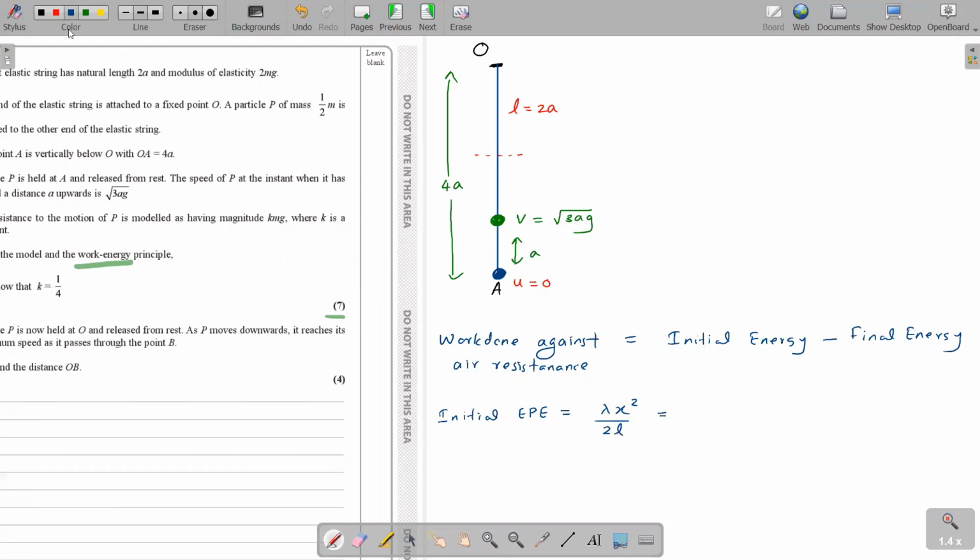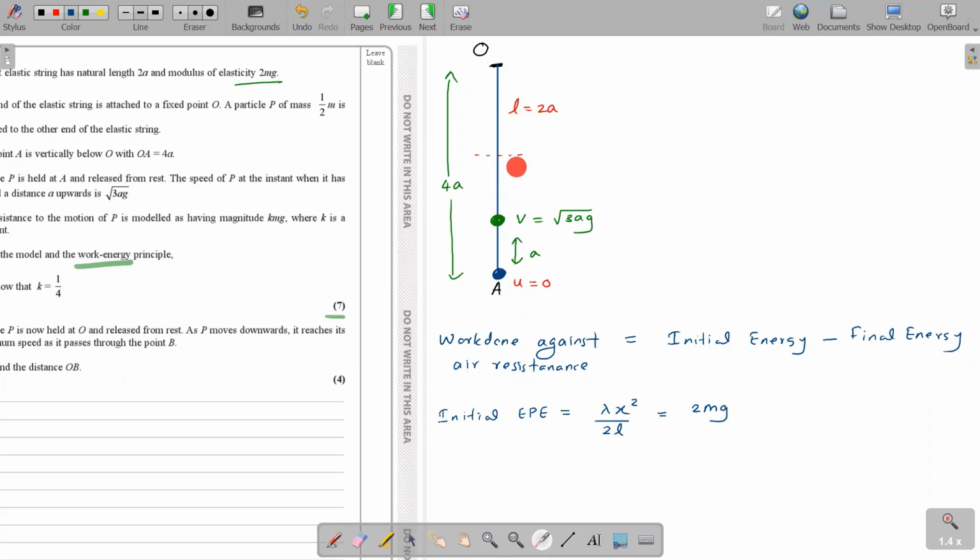The modulus of elasticity is given to you as 2mg in the question, so lambda is 2mg. What about the x? X is the length that your string is stretched beyond its natural length. The natural length is 2a. At point A the length is 4a, which means it has stretched a distance 2a.